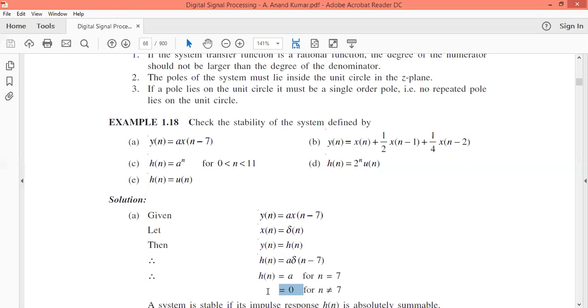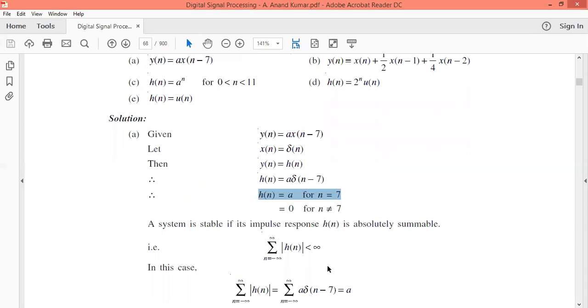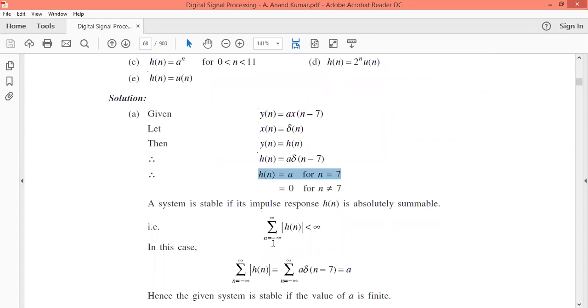So here you see, if we apply an impulse signal, we get a finite output only. We get output only at n equal to 7, and at all other values it is 0. Now you check whether the summation from n equal to minus infinity to plus infinity of |h[n]| is less than infinity or not.